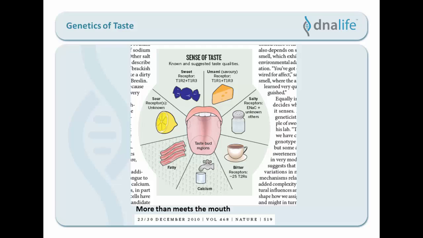Something else to remember about taste is that it was generally thought that taste just existed on the tongue, that we had different taste bud regions, one area for bitter, another for salty, another for umami, sweet, sour, fatty, etc. And that's where taste stopped.